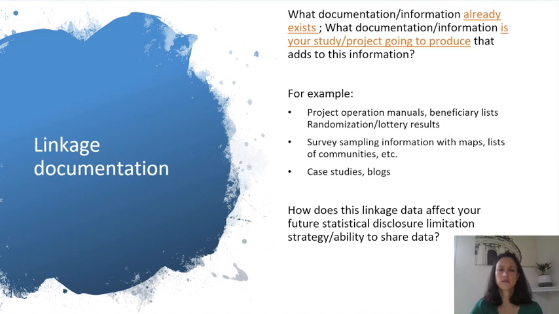So think through how the linkage data and documentation affect our future ability to implement statistical disclosure limitation strategies, and how they affect our ability to share data in the future potentially.